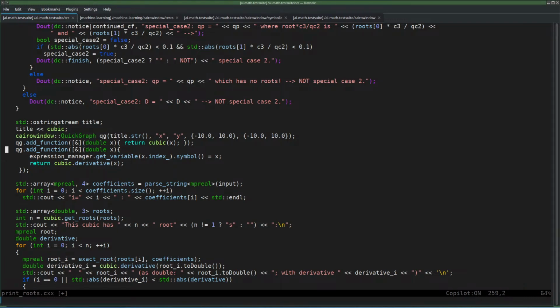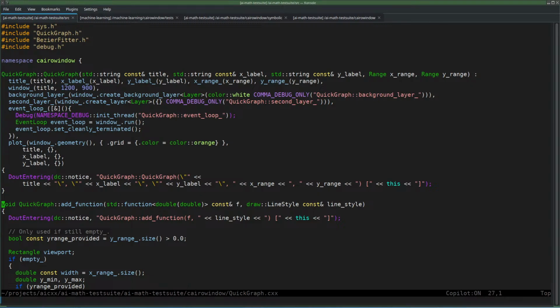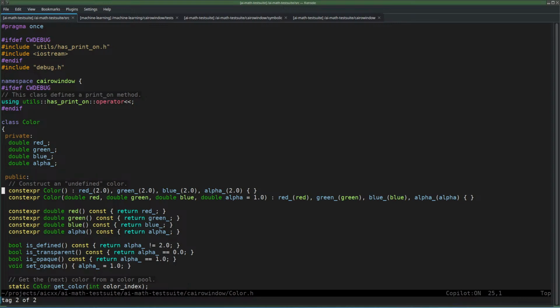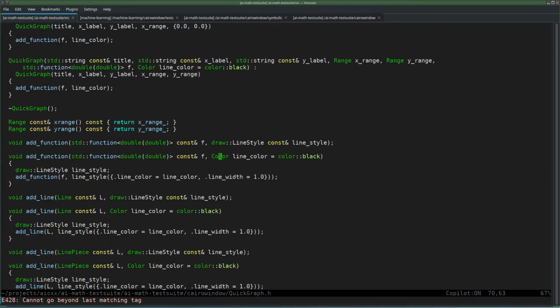Is there a way to give this thing another color because it was a bit confusing? I can add a line style, or I can just add a color. I probably can.